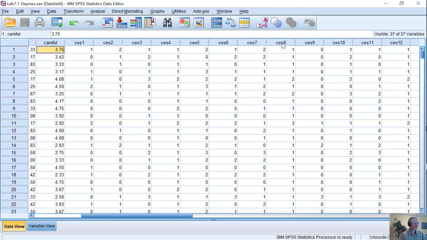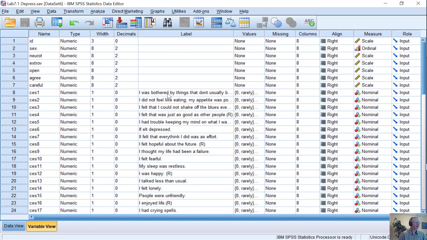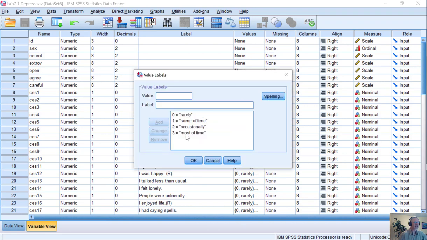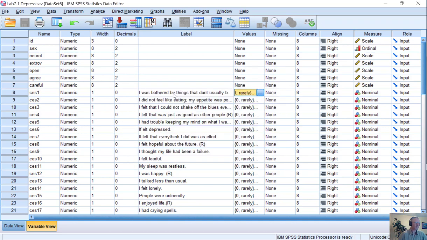What I mean by recoding is that if we're basically saying that all of these items contribute to depression, let's take a look down over here. Let's look at the variable view. If I'm wanting to add these up so that 0 means not depressed, and going up to a maximum of 3 means most of the time they were experiencing this, so that means more depressed, then I want all the items to go in that direction.